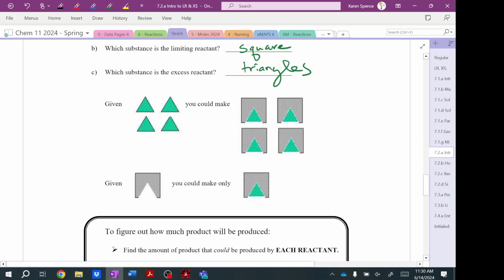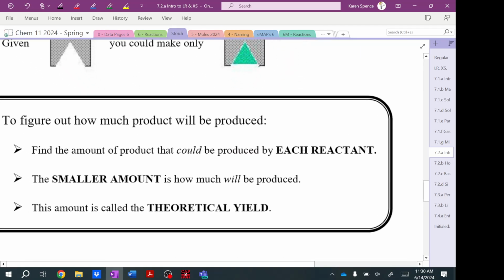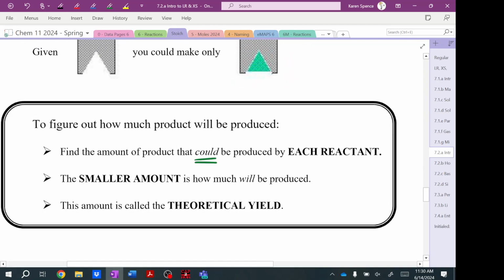So there we go. So basically find the amount of product that could be produced by each reactant. So you do the calculation twice. You do 2 calculations, and you pick the smaller amount.